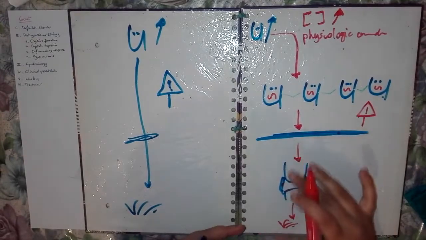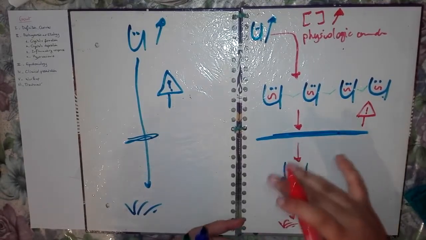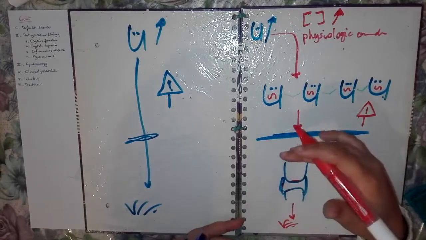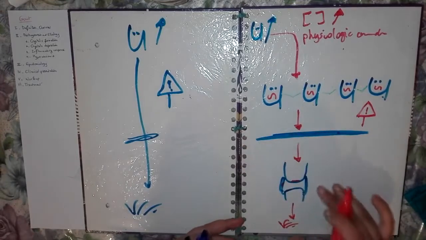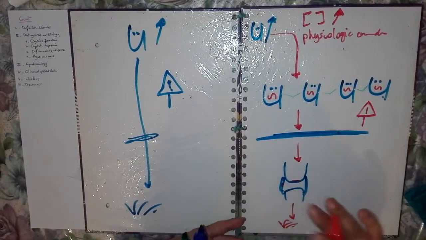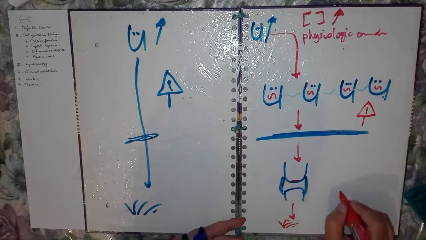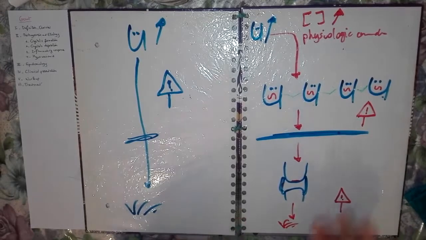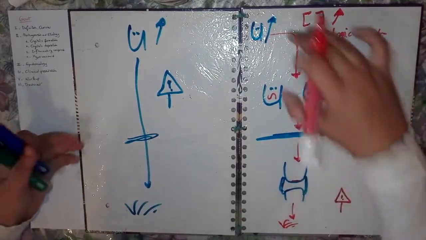It is proved in patients with asymptomatic hyperuricemia: they have some uric acid deposited, but there is no evidence of inflammation, no clinical manifestations. This is an important point to highlight here.